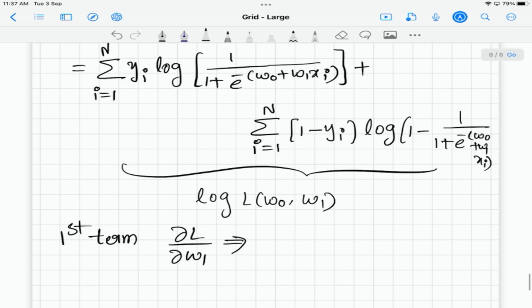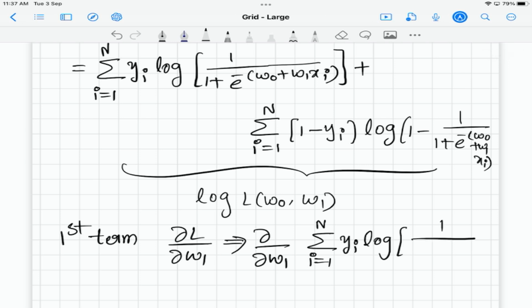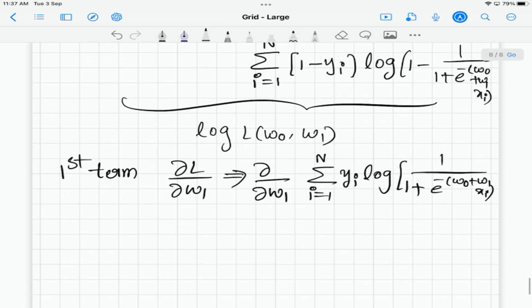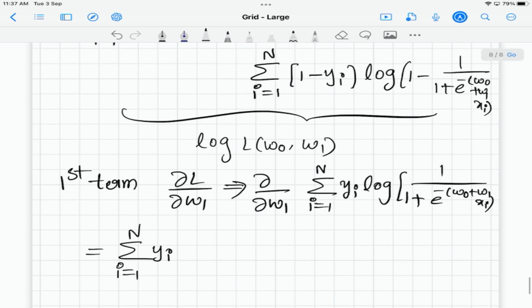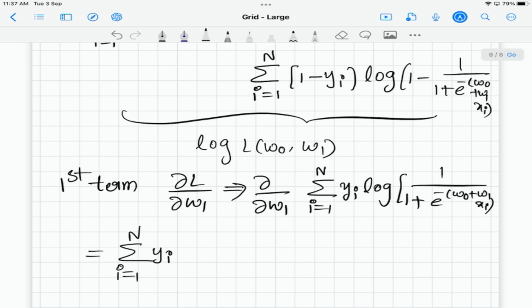So to the first term, can you apply the derivative and tell me what happens? Just take your derivative inside and apply it to log. What is the derivative of log of this function?